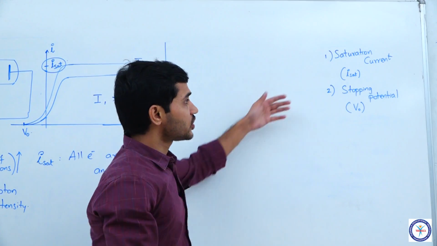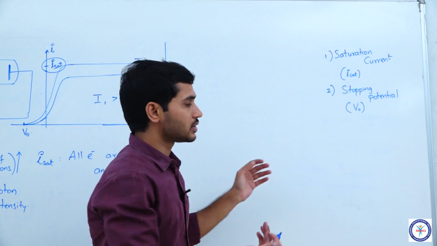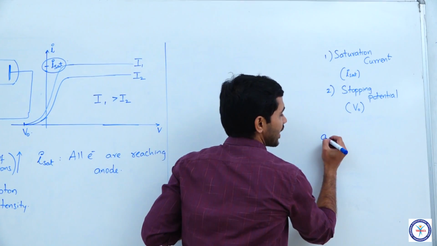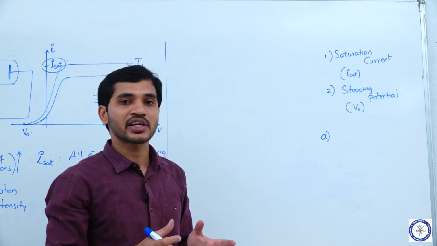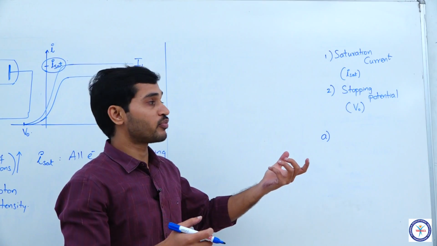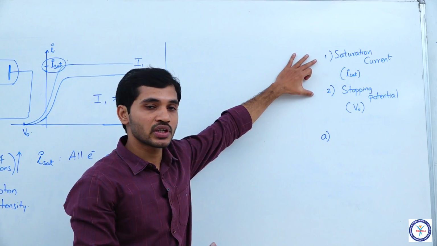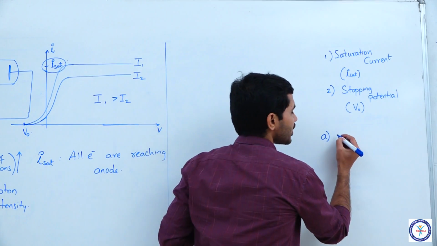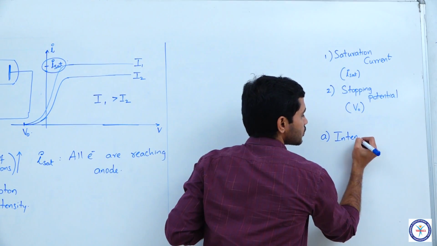These are the observations which we have made, and now I will just list down a few factors which we were controlling during the experiment. While performing the experiment, we were controlling a few parameters and observing a few parameters. So these are the parameters which we were observing, and the parameters which we were controlling were, first, intensity.